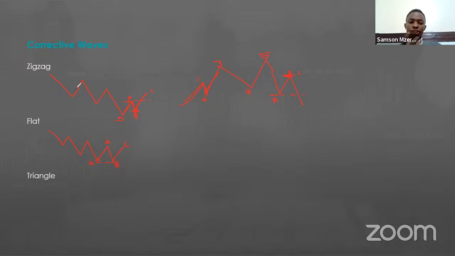So corrective waves are waves that mark the end of your initial 5 moves.